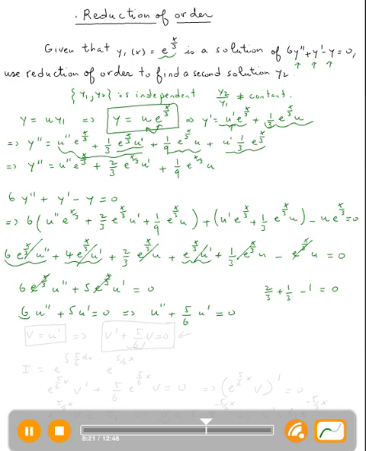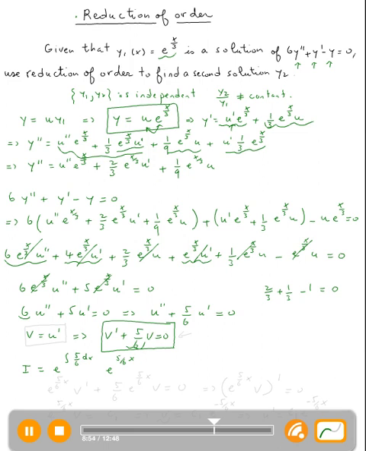And to make it easy, we'll let v equal u prime, which means v prime plus 5/6 v is 0. This equation is pretty easy. You can use an integrating factor. Now I is equal to e to the integral of 5/6 dx, which is e^(5x/6).